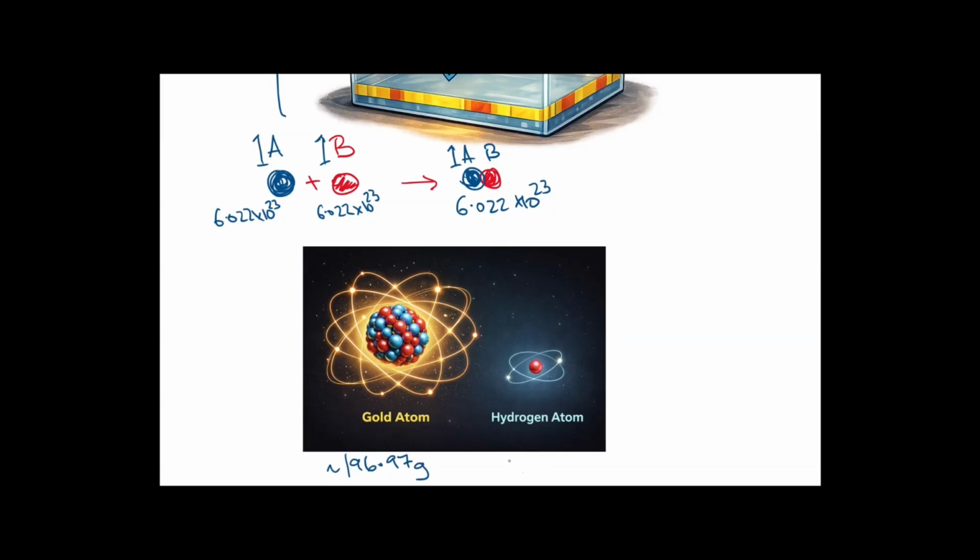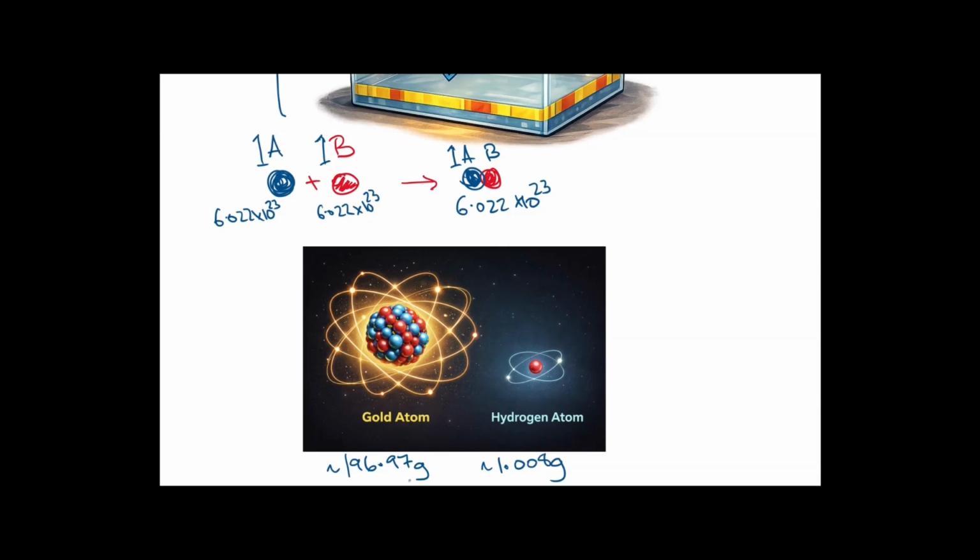This 1 mole, so 6.022 times 10 to the power of 23 of these hydrogen atoms, would have a mass of around about 1.008 grams. And we're going to get to the reason why it wouldn't have exactly 1 and this doesn't have exactly 197.